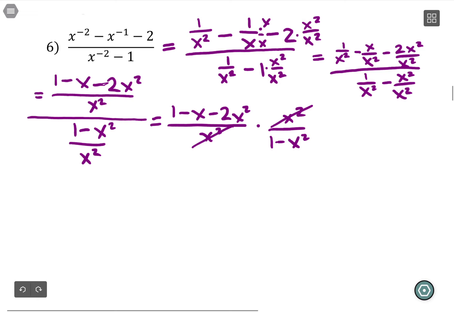So the x squareds will cancel. And then I think I can even do better than that. Let's see, I think I can factor this. You could factor out a negative 1 if you'd like, but I actually think it's good practice to try and do it like this. So the 1 is going to be a 1 and a 1.